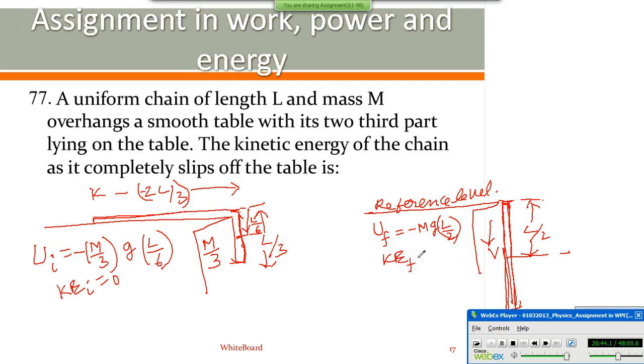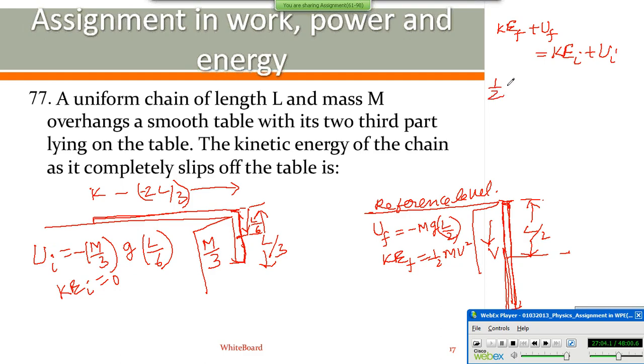The final kinetic energy is half mv square. Applying conservation of mechanical energy, the total mechanical energy remains constant between the two instants. So the sum of the final kinetic energy and final potential energy of the chain is equal to the sum of the initial kinetic energy and initial potential energy.